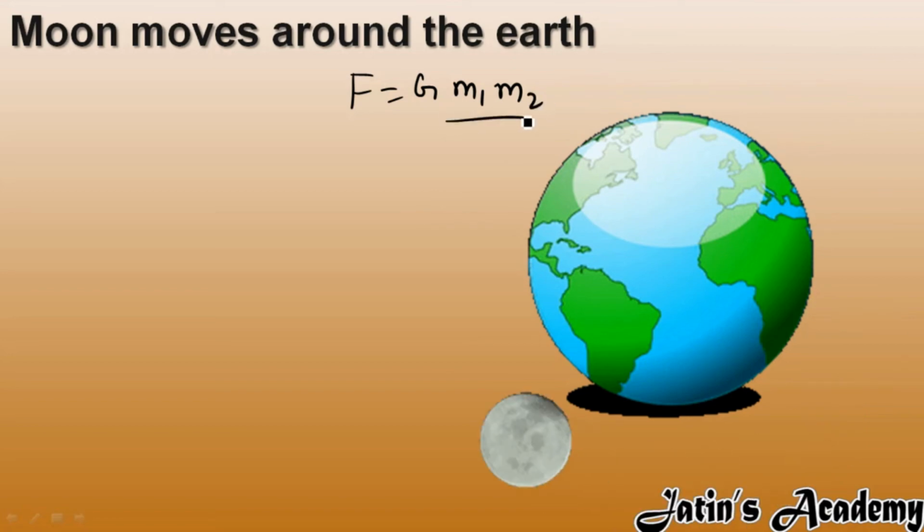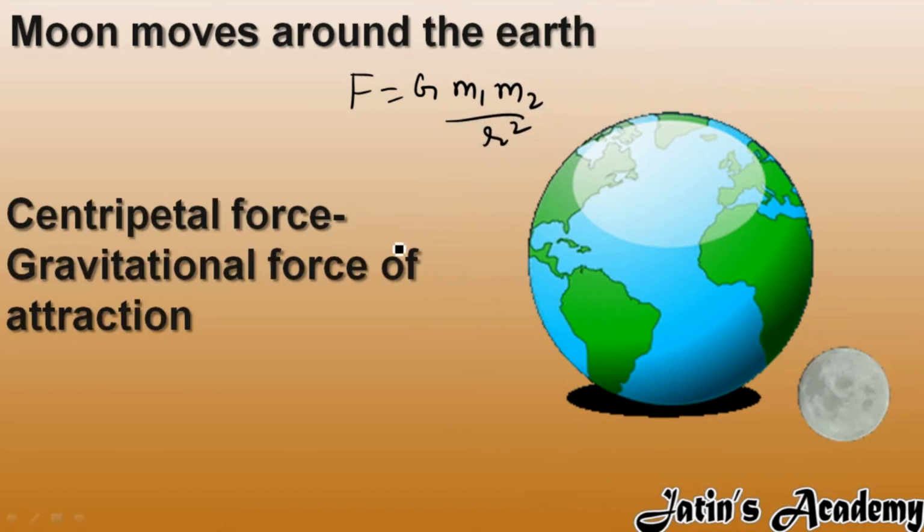What force is this? This is called gravitational force of attraction. So in case of the moon revolving around the earth, the centripetal force acting here is gravitational force of attraction. Next we have the earth revolving around the sun.